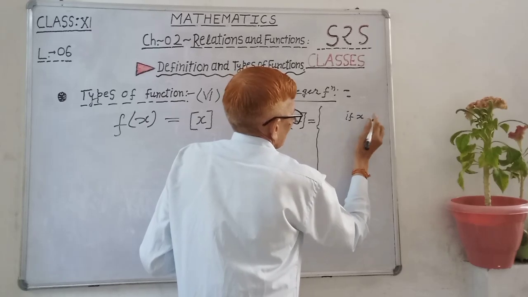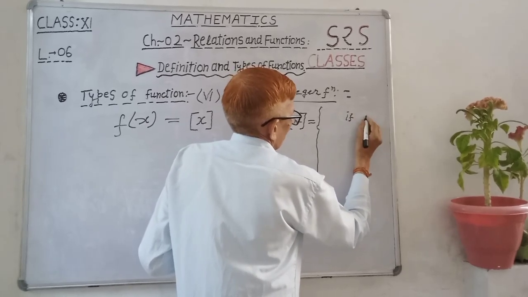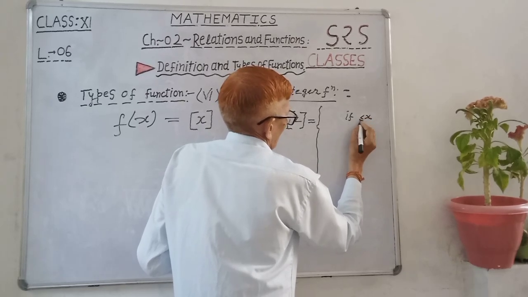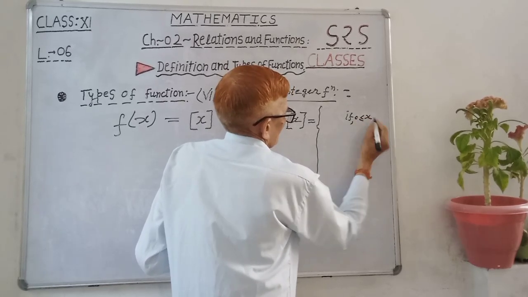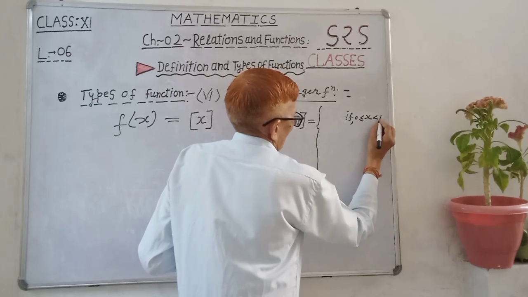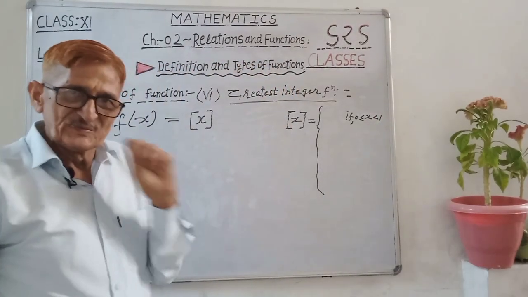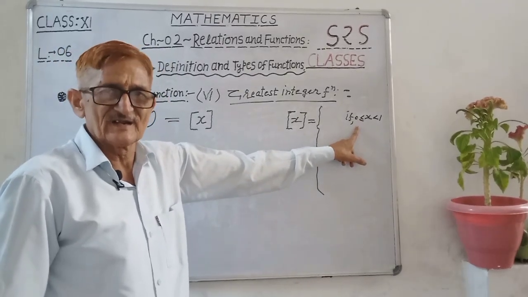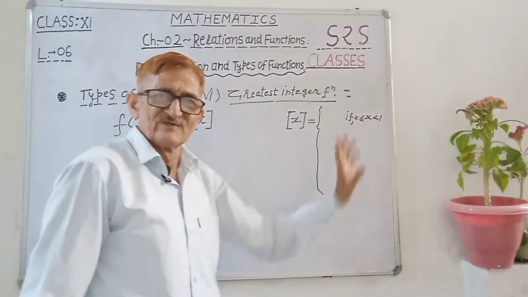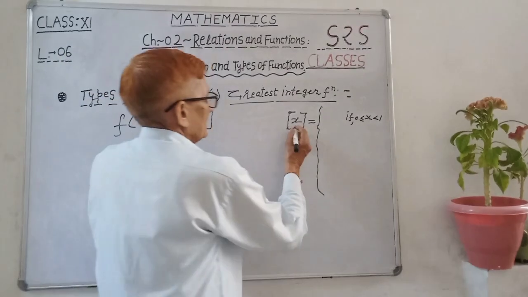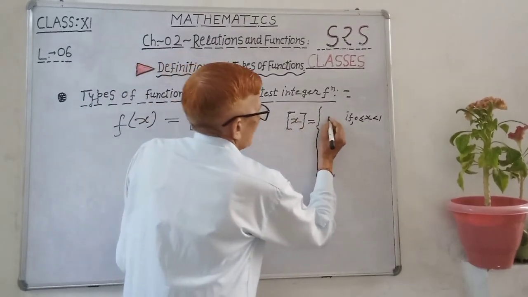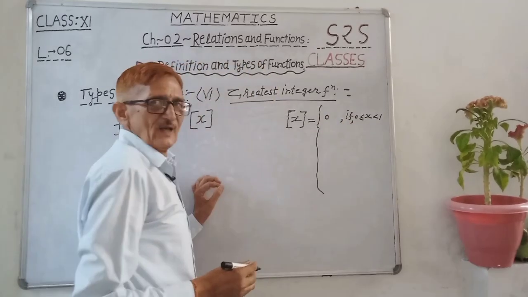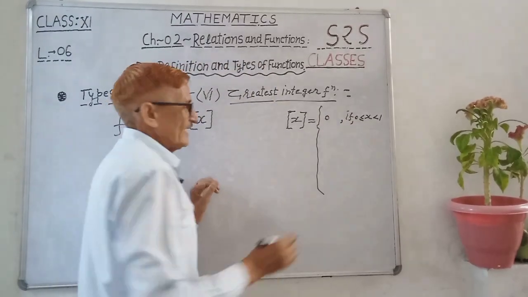If x is greater than or equal to 0 and less than 1, every real number from 0 up to less than 1 is x here, then for this the greatest integer of x has output 0. This is the definition. Okay, output 0 comes, definition.